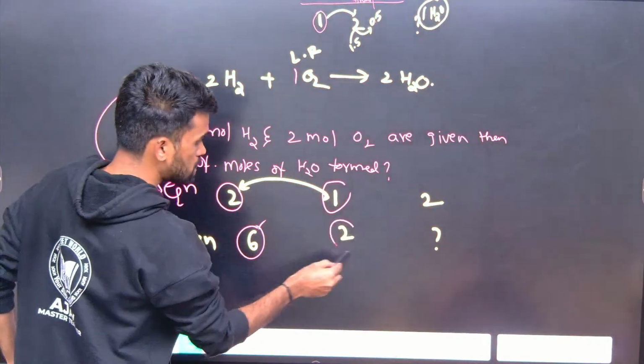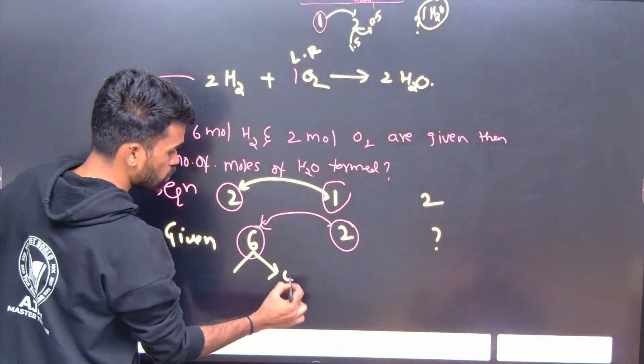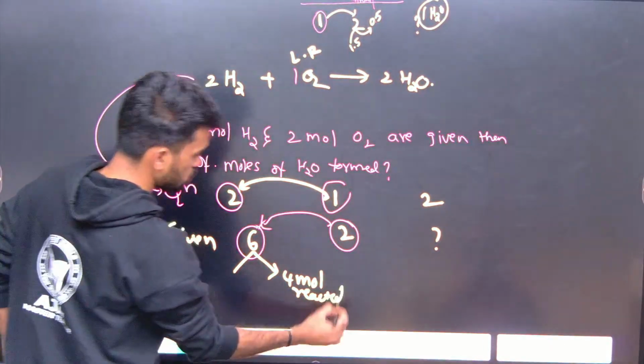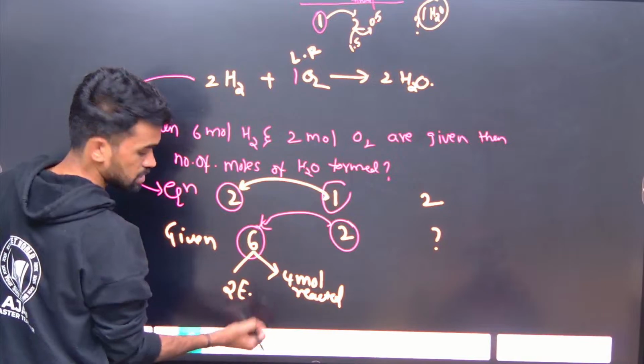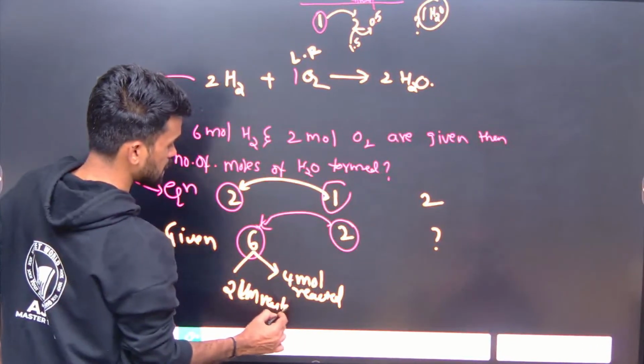So for 2 moles it should be 4 moles. Out of the 6, 4 moles are reacted, 2 moles remain excess, or unreacted. Is this clear or not?